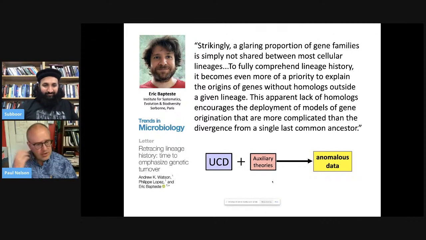But Koonin and Baptiste and other evolutionary biologists whose work I did not have time to mention don't support intelligent design, but they are keenly interested in coming up with a better geometry for the history of life than universal common descent, which they see as now failing in the face of a very large body of anomalous data that is growing on a daily basis, because DNA sequencing has become so rapid and inexpensive, and the signal is not going to go away.